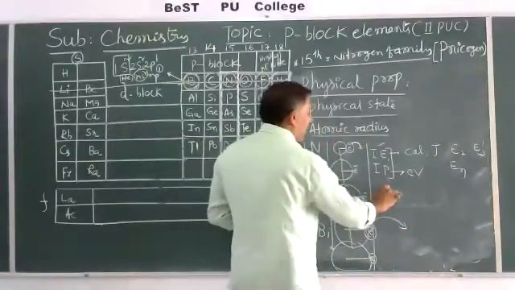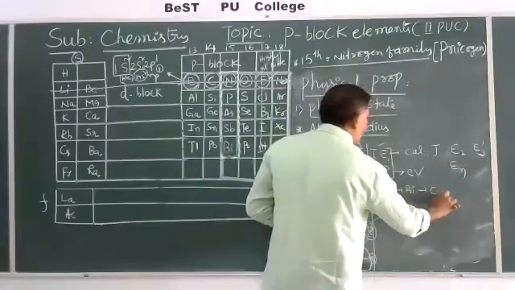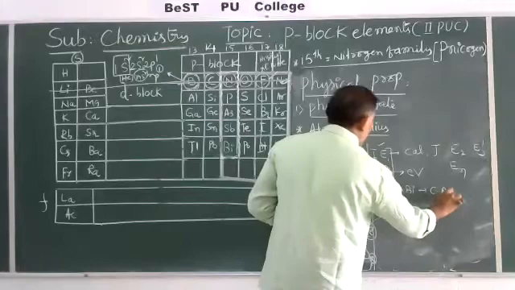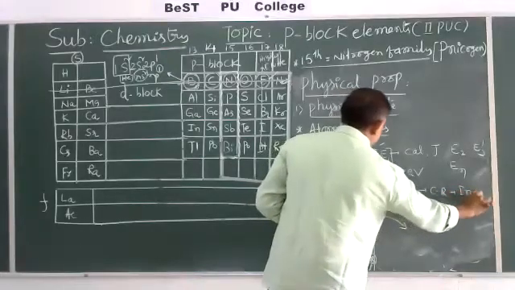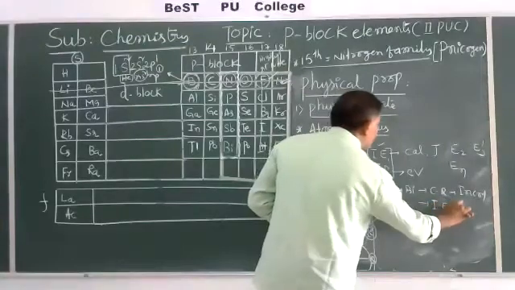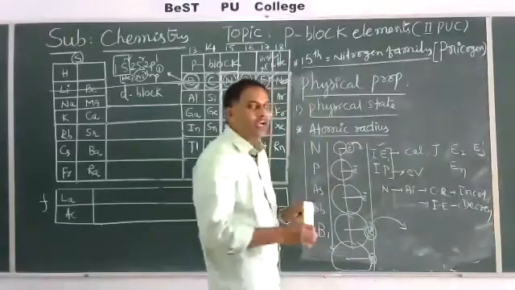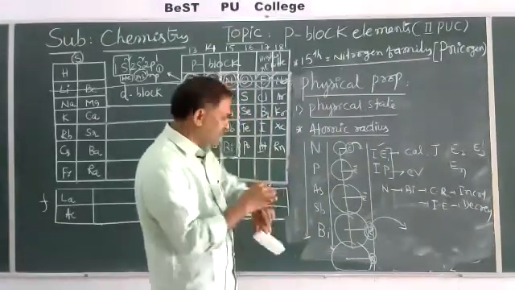So from nitrogen to bismuth, covalent radius increases, but ionization energy decreases. Less energy is needed to remove the electrons from the outermost orbit.